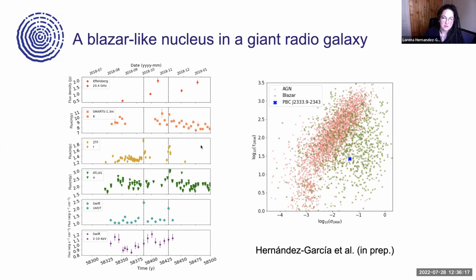For example, these are the light curves from CTF and Atlas. So we were able to estimate many features, as well as to compare the optical variability features of large samples of AGN and blazars, and to compare the variability properties of this source, and found that it actually behaves more as a blazar than as an AGN. And this confirms that, in fact, there is a blazar nucleus in a giant radio galaxy.